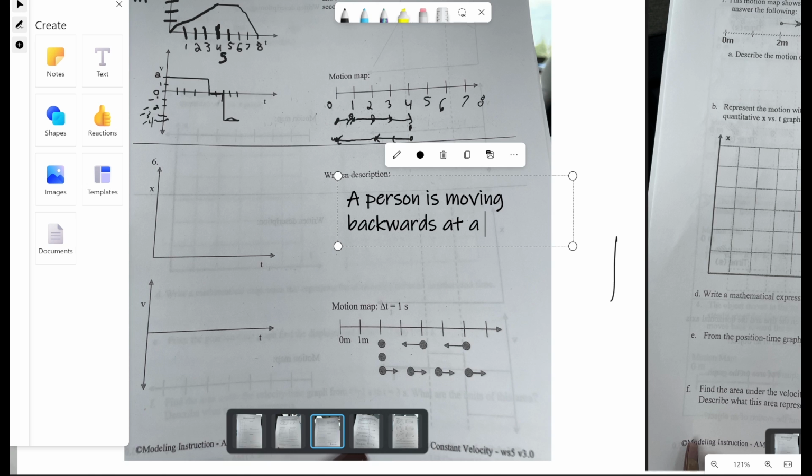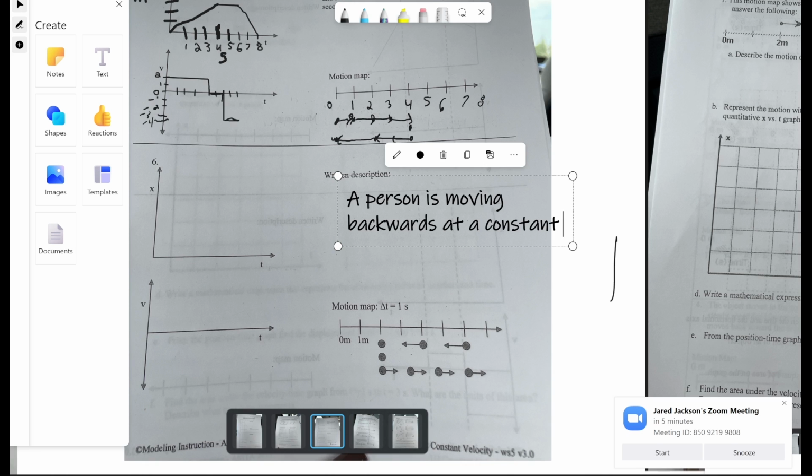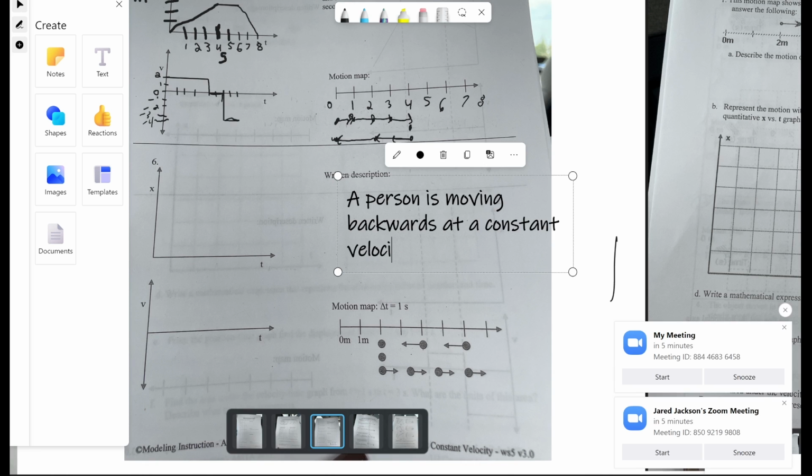It looks like at a constant. You kind of just want to copy a lot of the language. Velocity. A person is moving backwards at a constant velocity. And it looks like each dot, it says t is 1 second for 3 seconds.